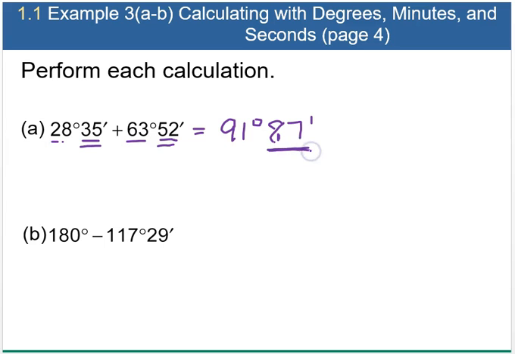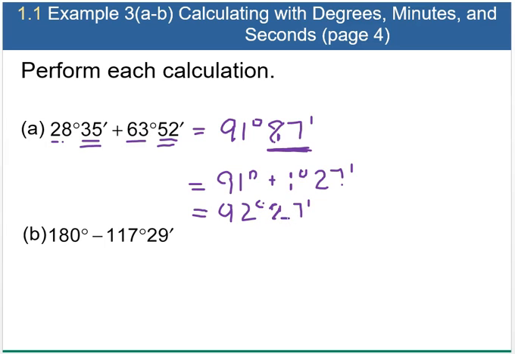So this is like saying 91 degrees plus the 87 minutes, which is the same thing as saying 1 degree and 27 minutes. And then add together that, we finally get 92 degrees and 27 minutes.